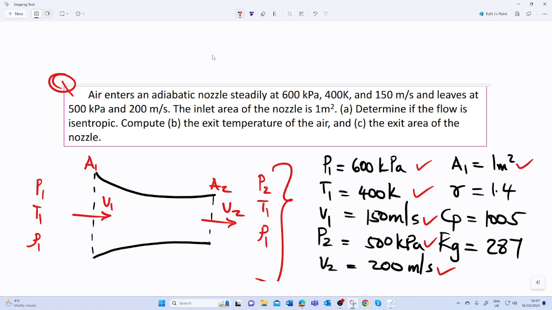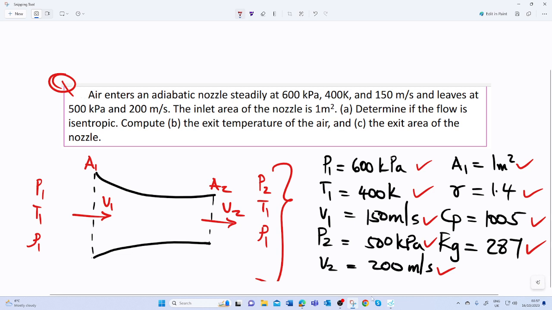We have the specific heat ratio, which is 1.4, and we have Cp and the gas constant for an ideal gas.